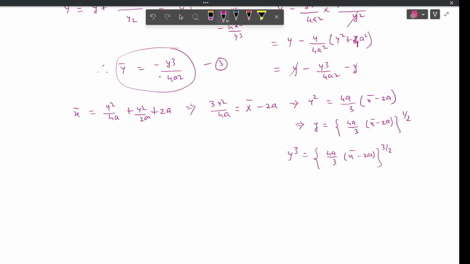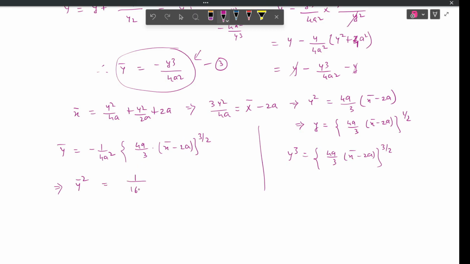Now we can put this value in equation 3. So you'll get y bar as minus 1 by 4a square, this y cube is 4a by 3 into x bar minus 2a to the power 3 by 2. So y bar square would be, squaring both sides, this half will cancel out.